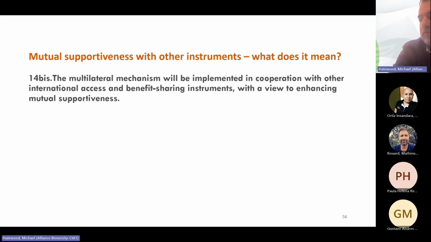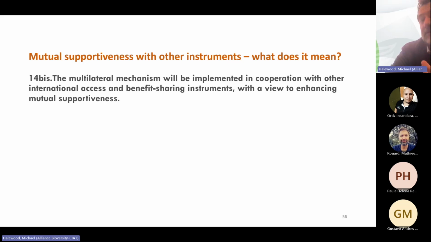It has tools of implementation such as the use of DOIs that Ruri has stated. It has the agreement with the international research centers. So it has a panoply of tools that it's trying to enhance and modernize to deal with DSI. It's different from the approach being taken in the CBD, which is trying to create a new mechanism almost from scratch.